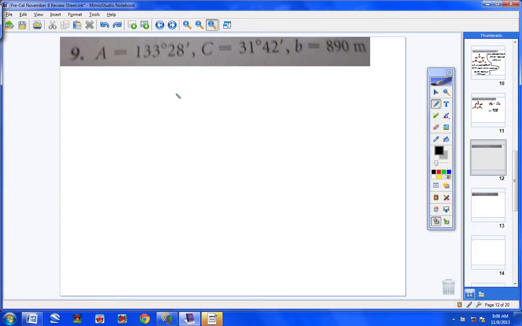Here we go. Number 9. Let's go ahead and get a picture real quick of what we're looking at here. We do not care if the triangle is drawn to scale. That's not a big deal to us. A, B, C. Angle A is going to be, and I'm going to convert that over to decimals real quick here. 28 divided by 60, it'd be 46.666, so 47.